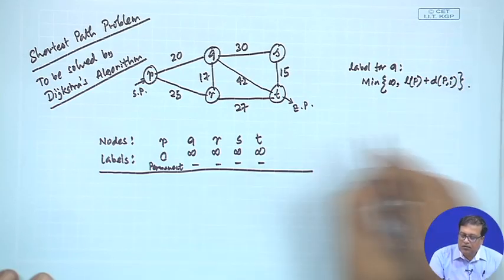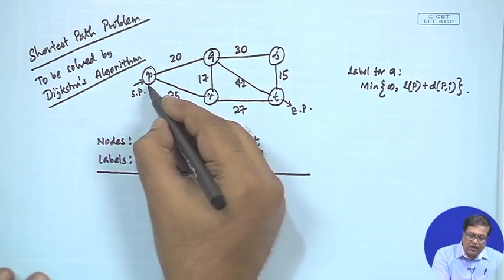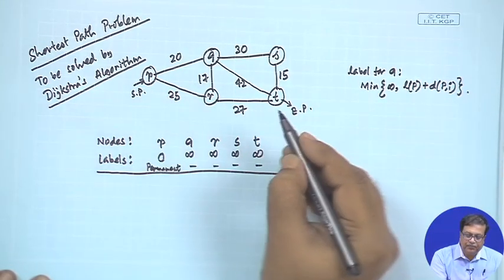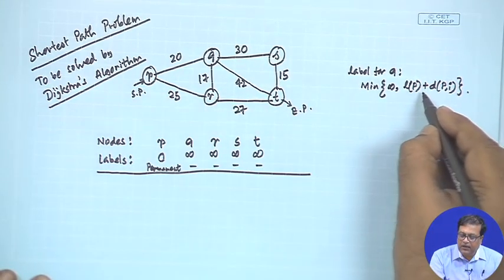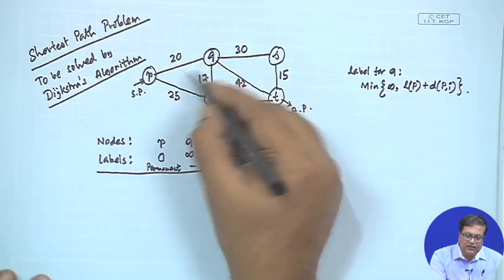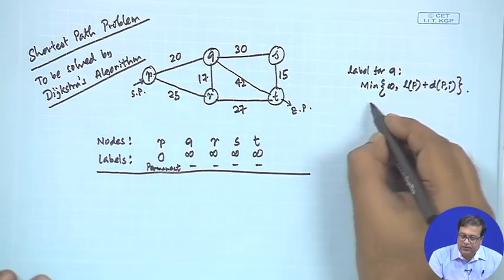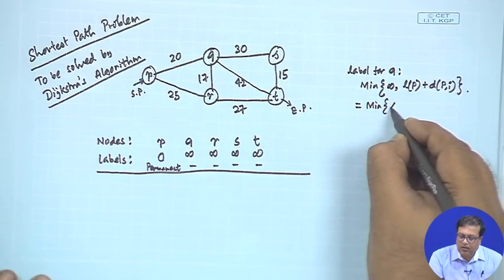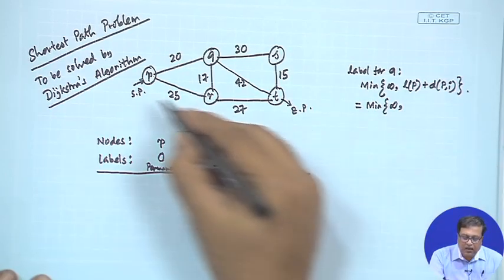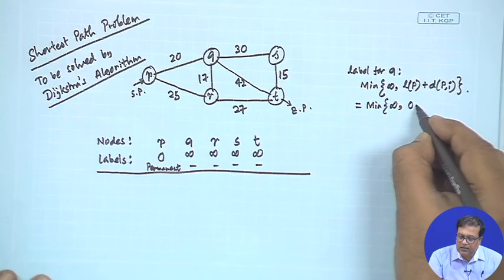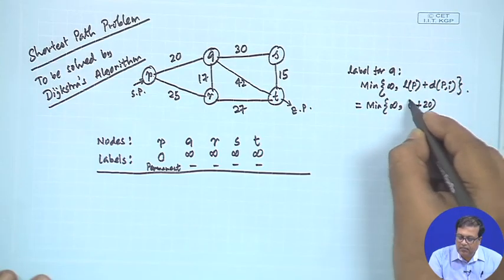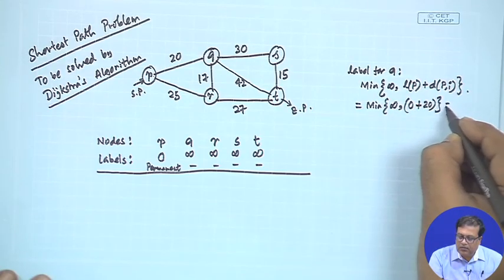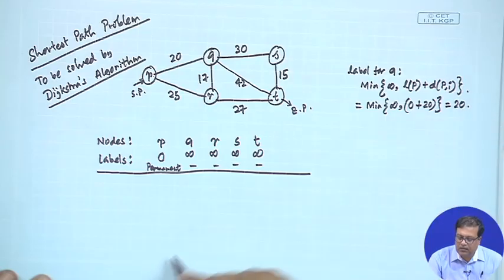LP is the label of the last permanent node, plus the distance from P to this point. So, this would be the minimum of infinity and 0 plus 20. So, this will be 20.